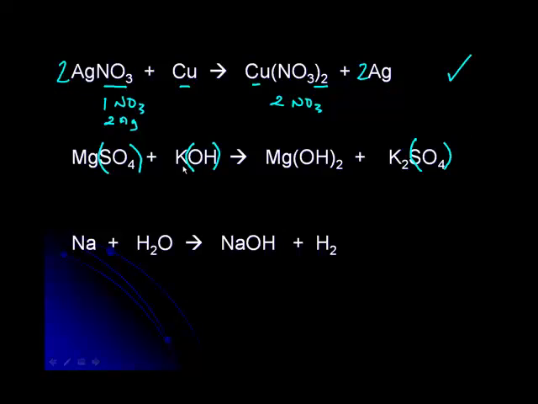I've got one K on the left and two Ks on the right. So that's what I need to fix. So I need to put a 2 in front of the KOH so that I have two potassiums. Well, that's going to mean I have two of the OH groups. And I look on the right and I've got two of the OH groups.